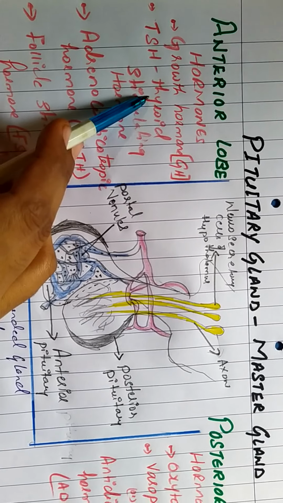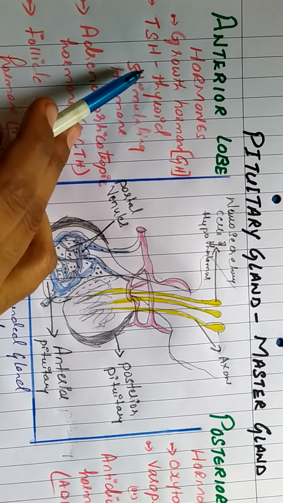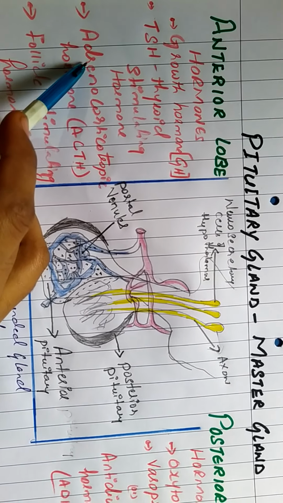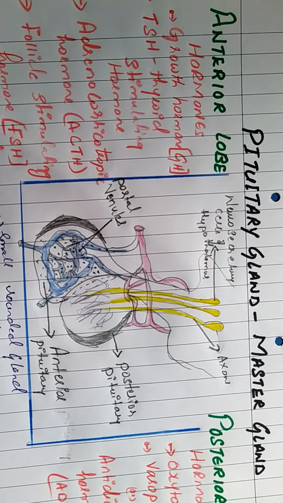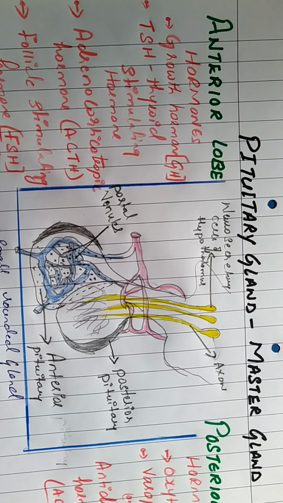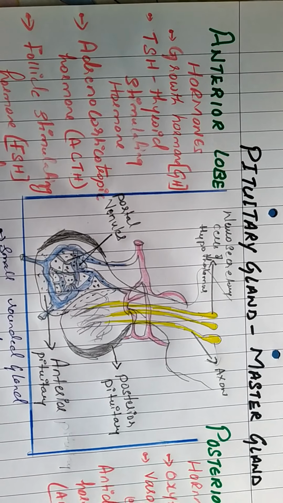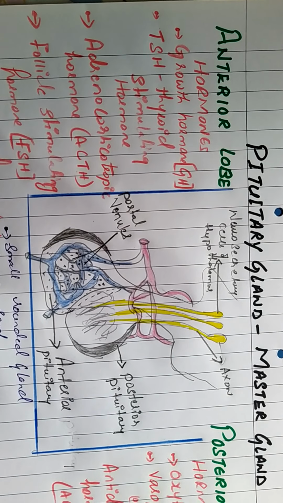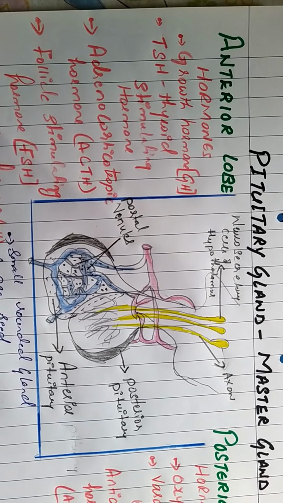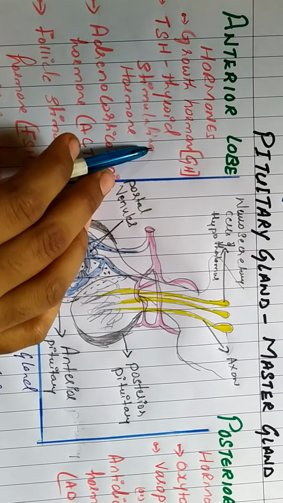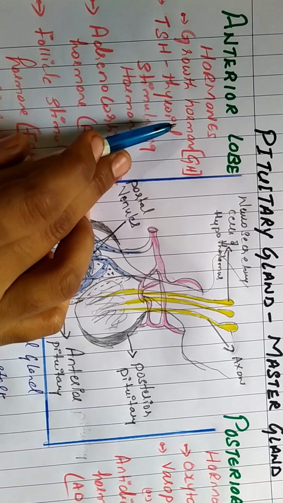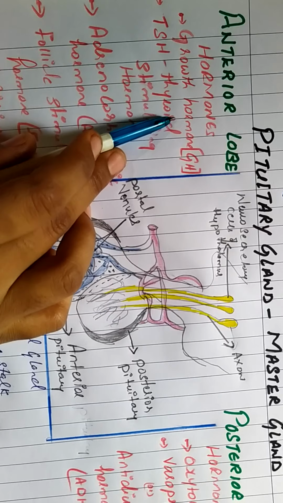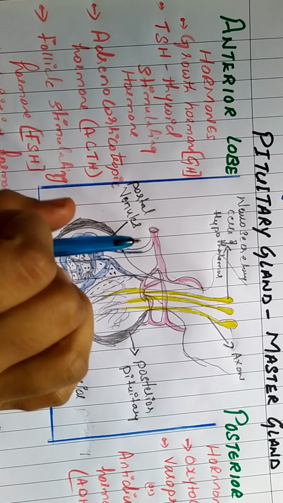Insufficient secretion can lead to dwarfism. Dwarfism is especially found in childhood, where the dwarf is a fully matured person but retains the body size of a child. That means the person grows mentally, but physically the growth is suppressed.